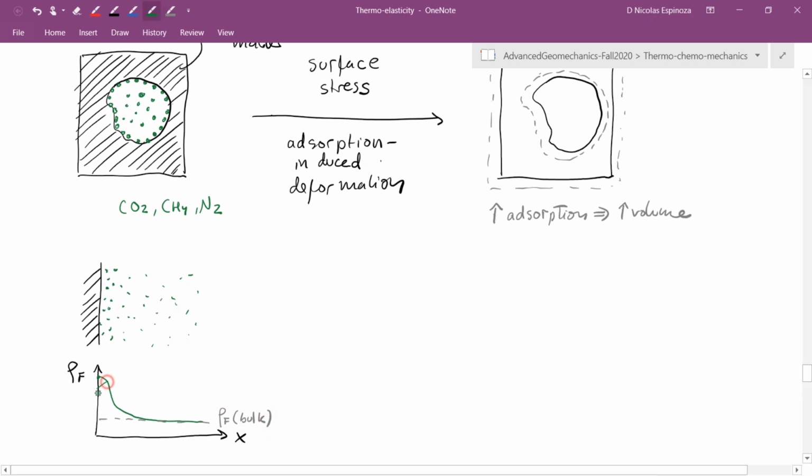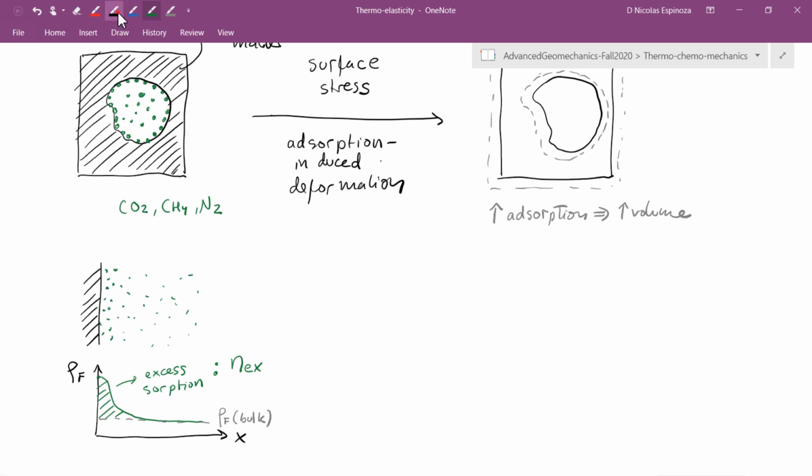Whatever is in here, which is in excess of the density of bulk conditions, is what is called excess sorption. And usually we refer to it with the letter N. And since it is excess, we add there the EX.